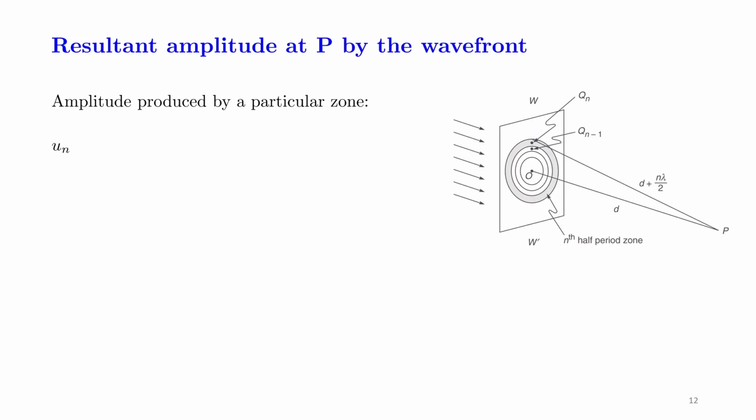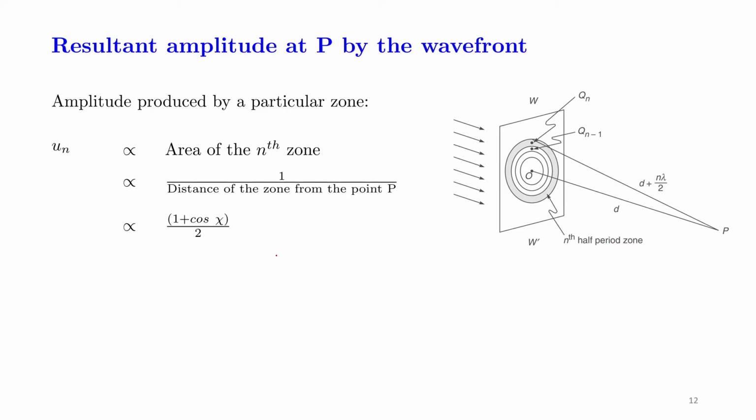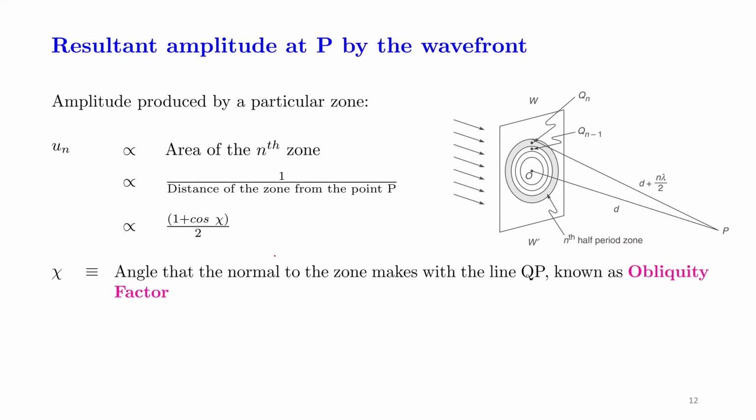Now, the amplitude produced by a particular zone, Un, is directly proportional to the area of the nth zone. It is inversely proportional to the distance of the zone from the point P. And it is also proportional to 1 plus cos chi over 2, where chi is the angle that the normal to the zone makes with the line QP, and this is known as the obliquity factor.